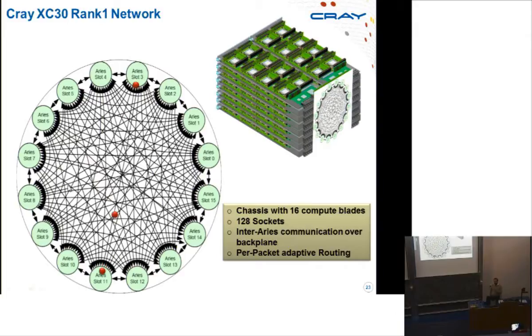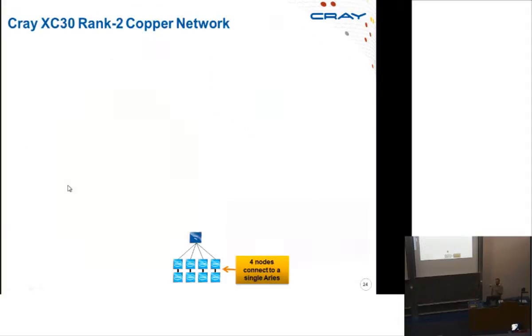We can keep doing that until we reach the full injection bandwidth of the Aries, effectively increasing the bandwidth that way. And this is all done on a per packet basis, so we can get up to many, many different endpoints and all this data bouncing around the network.